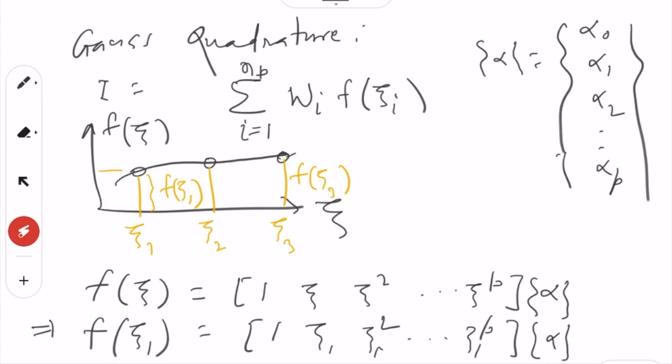So if this i goes from 1 to np, how will you write this? We have f(xi) written like this, then we have w1 times this. So let's write like that.